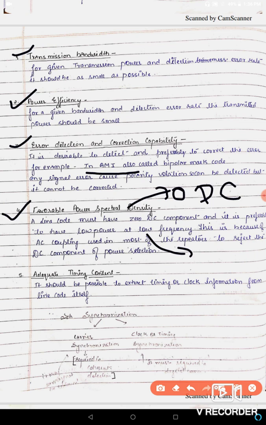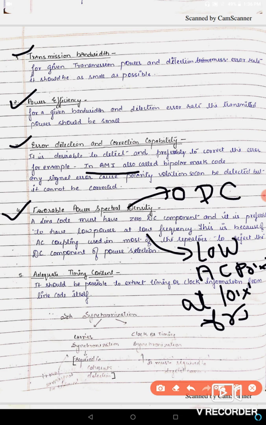The second part is that it must have low power, or low AC power, at low frequency. These two components together make the PSD a favorable PSD.